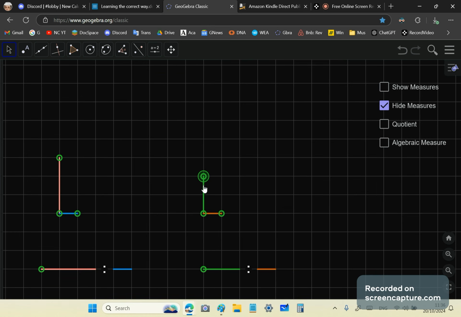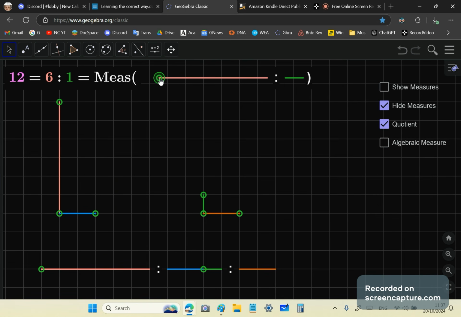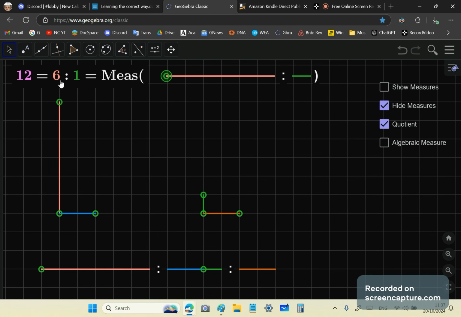So we'd have to make the consequents the same. In my opinion, the easiest thing to do is just extend this one like that and add another 3 on there. So now we've still got 3, and it's divided by a half. And so what will the answer be? That's right, it will be 6.